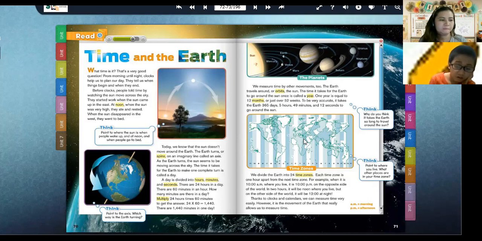Each time zone is 1 hour apart from the next time zone. For example, when it is 10 a.m. where you live, it is 10 p.m. on the opposite side of the world. In 2 hours, it will be noon where you live, but on the other side of the world, it will be 12 at night. Thanks to clocks and calendars, we can measure time very easily. However, it is the movement of the Earth that really allows us to measure time.